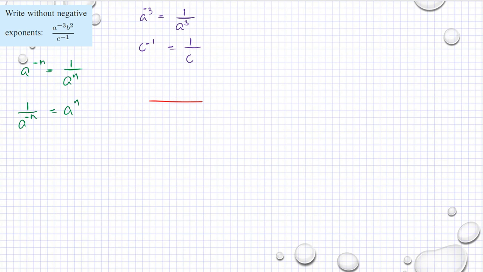the line there. We have 1 divided by a raised to 3 multiplied by b squared, and then we have a divided by c. So we have 1 divided by a raised to 3 multiplied by b squared multiplied by the reciprocal of this, c divided by 1.